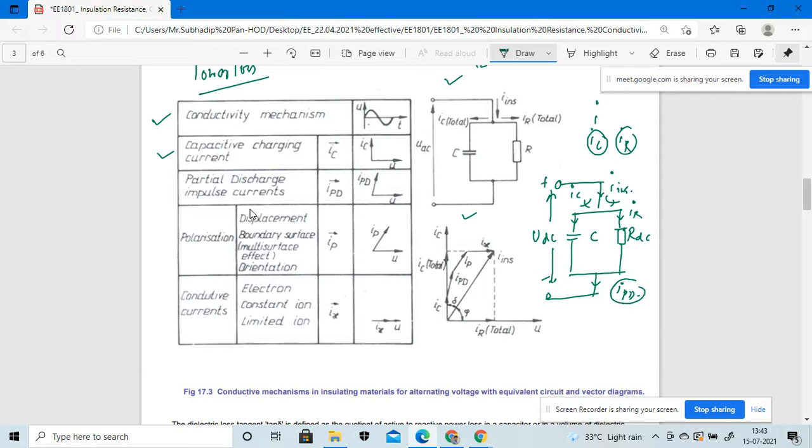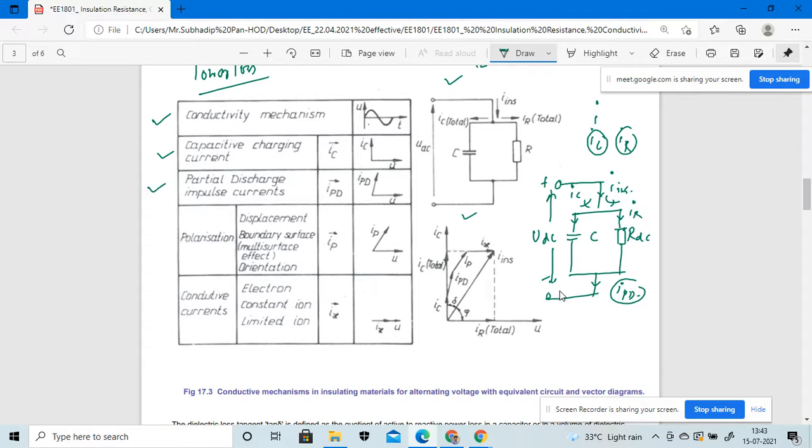As I told you, due to the operation some leakage current may flow. That leakage current is nothing but the partial discharge current, the PD current, due to the impulse voltage generated on this terminal. So this I of PD is generated due to the impulse voltage acting on the system, right?